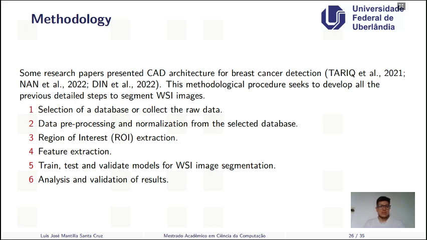The first, the selection of data sets and collection of the raw data. The second one, data preprocessing, normalization from the selected data set, region of interest extraction, feature extraction, train and test, and validate models for WSI image segmentation, and finally, analysis and validation of the results.